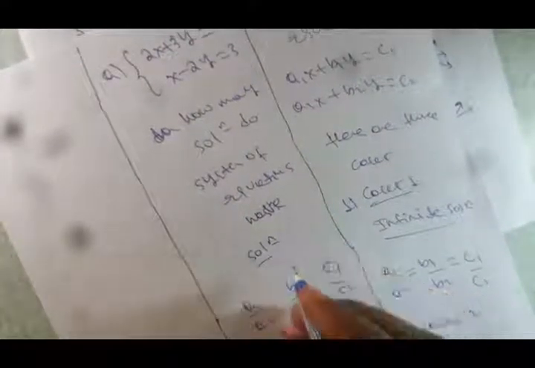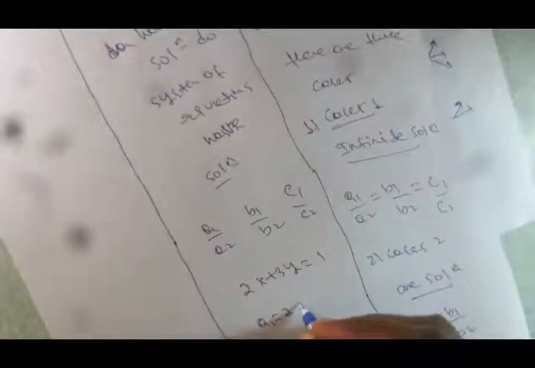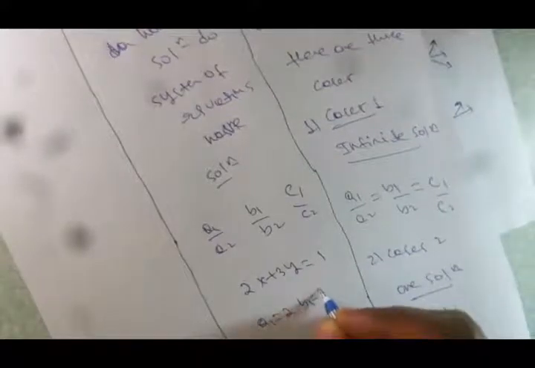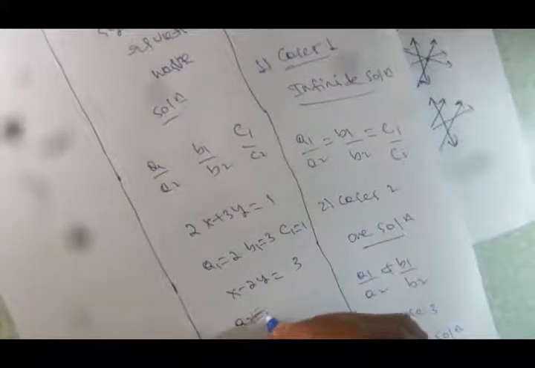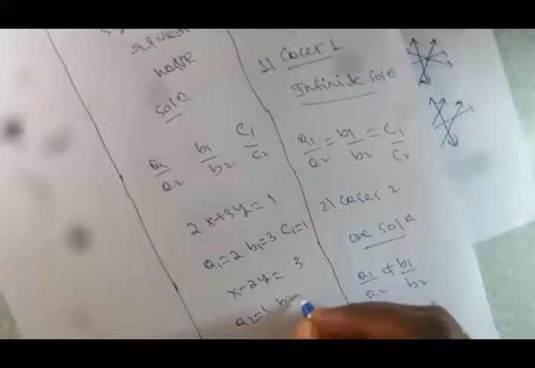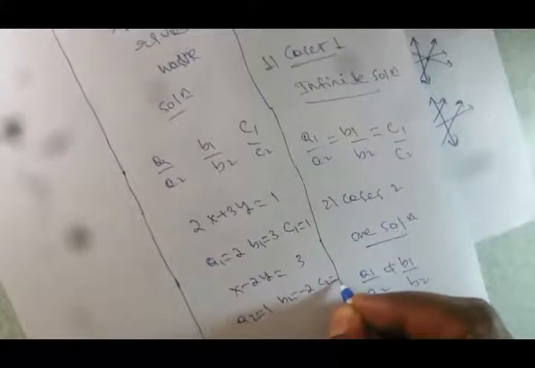Comparing these, from the first equation 2x plus 3y equals 1, the value of a1 is 2, the value of b1 is 3, and the value of c1 is 1. From the second equation, x minus 2y equals 3, the value of a2 is 1, the value of b2 is minus 2, and the value of c2 is 3.